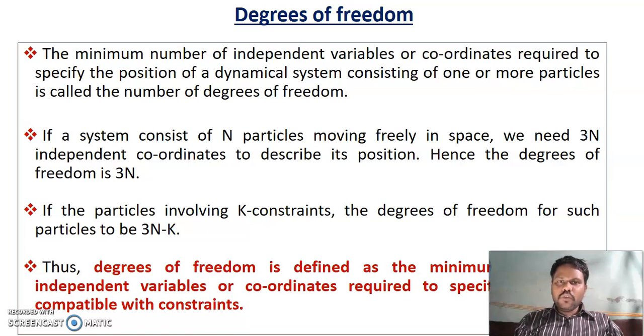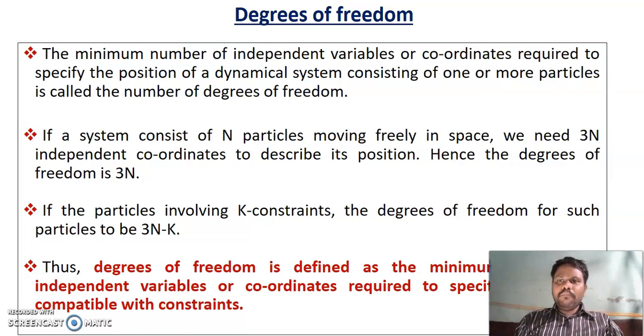If a particle moves in a plane, we need two coordinates, namely x and y, or yz, or zx. Likewise, if a particle moves in three dimensions, we need three coordinates, namely x, y, and z.